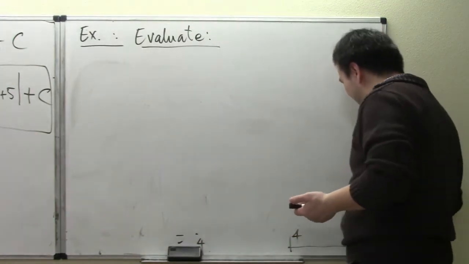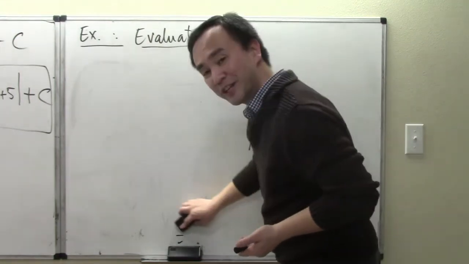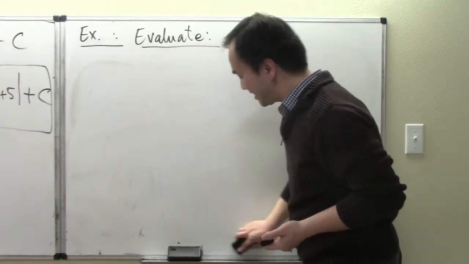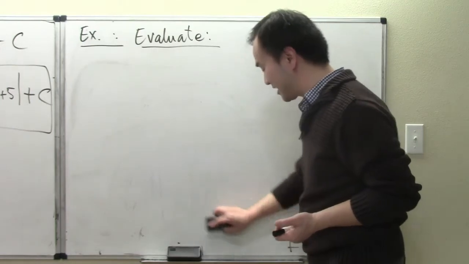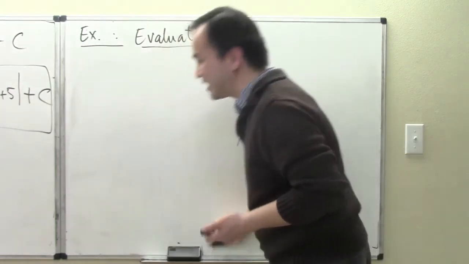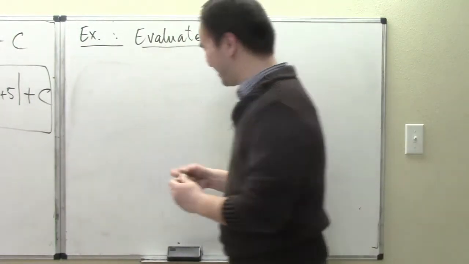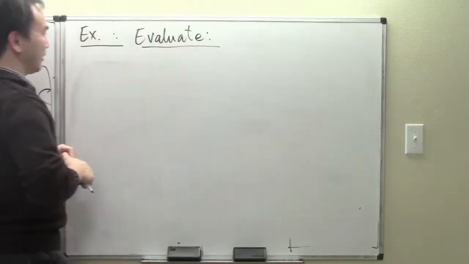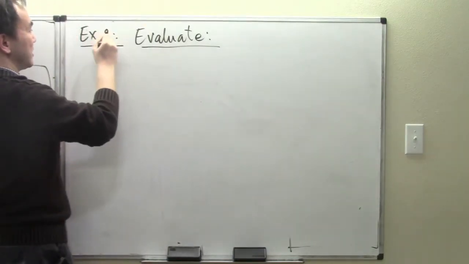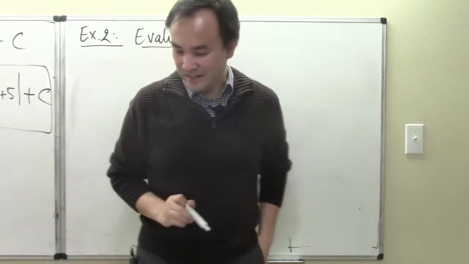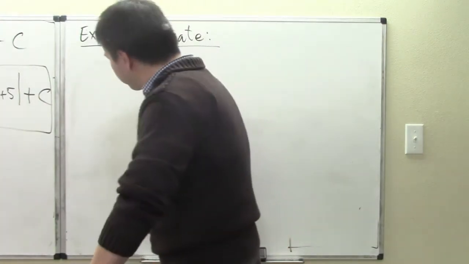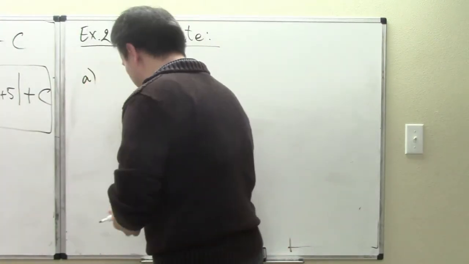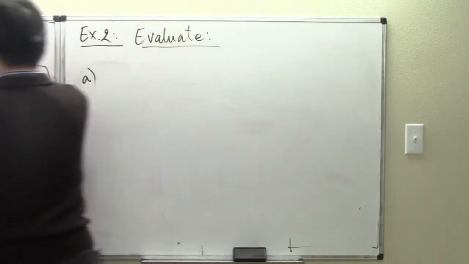So each problem in the particular example has some similarity with the other problems in the same example. So parts A, B, and C, they're all having something alike right there. As you're studying along with me, you will recognize that style, how I design my examples. All right, so part A of my example 2.